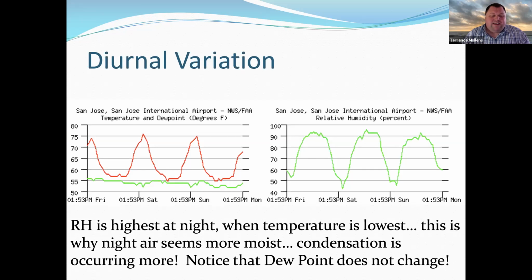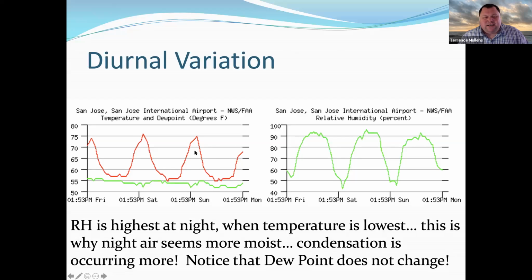So this is just some data that I took from San Jose International Airport. They have a weather station there. This left graph, the red line actually represents air temperature. And we'll talk about this green line in a moment, but just know that the red line represents air temperature. And then on this graph over here, the green line represents relative humidity.